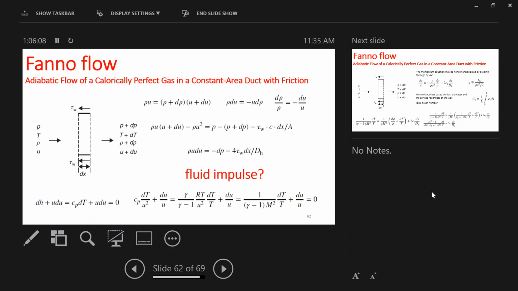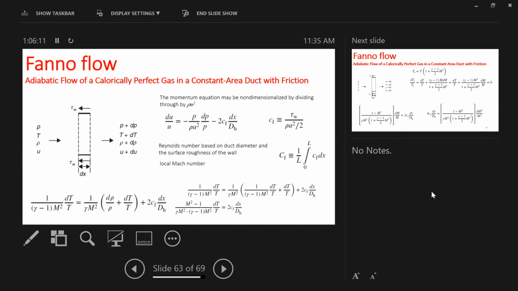I can give you the answer, right? Friction coefficient. Because we are running out of time, I have to go a little quicker. So we want to be able to write the momentum equation in terms of friction coefficient, and the definition of friction coefficient is this: the shear stress of the wall over rho u squared over 2, right? To find this, we essentially divide the momentum equation we already had by rho u squared, and this is what you are going to get. So that's a momentum equation that has friction coefficient in it.